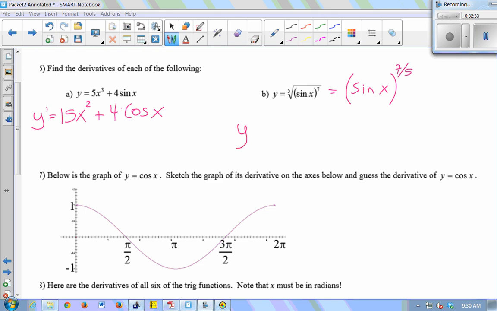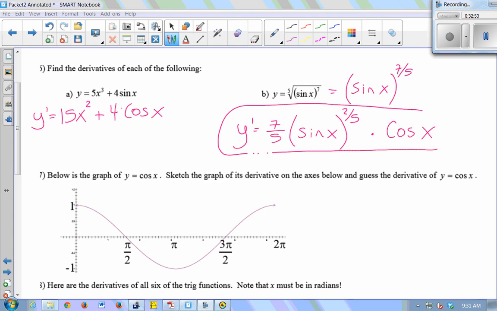So I'm going to have y prime is equal to 7/5 times the sine of x, and then 7/5 minus 1 would be 2/5. So I applied the power rule to my stuff, but then you still have to multiply by the derivative of the stuff, which is cosine x. So that one wasn't too bad either. I was gearing up for a double chain rule.